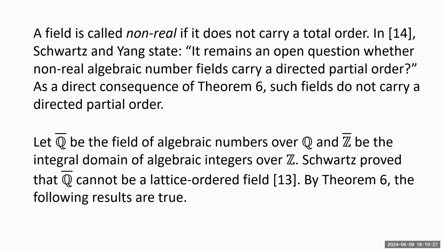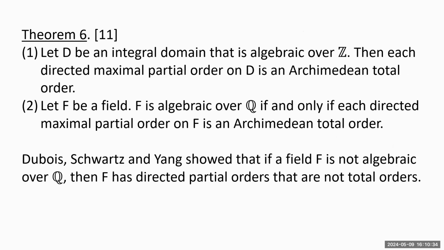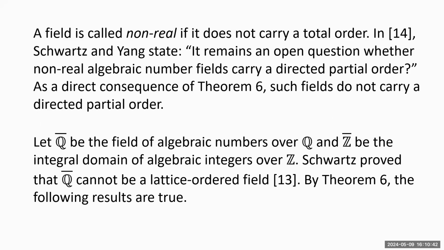From here, we can answer some other questions. After Schwartz and Yang proved this, they asked the following question. A field is called non-real if it does not carry a total order. They state it remains an open question whether a non-real algebraic number field carries a directed partial order, because they proved that if not algebraic, then the field will carry a directed partial order.